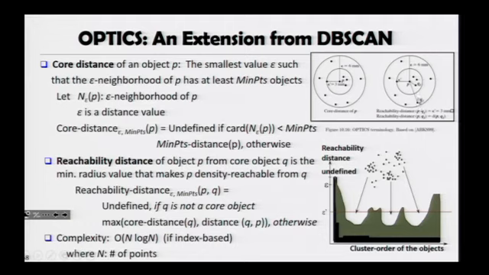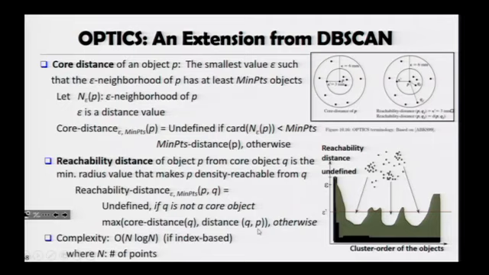You can see here a Q1 and a Q2, but in the end the minimum radius value is defined as the maximum of the core distance and the distance between the point Q and the point P. In other words, if the distance between Q and P is larger than the core distance, then we use the distance between Q and P as the reachability distance.